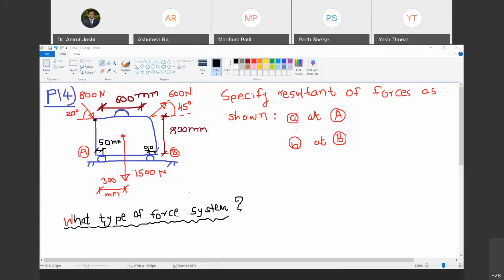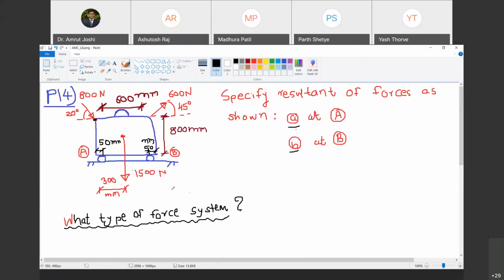So these are the distances which are given. And what have you been asked? You have been asked to specify the resultant of the forces as shown. In part A, you have to find the resultant at point A, which is the left bottom corner, and at point B in part B.